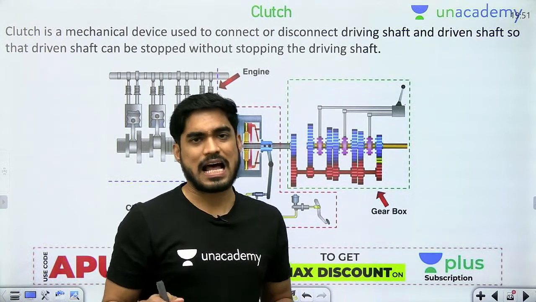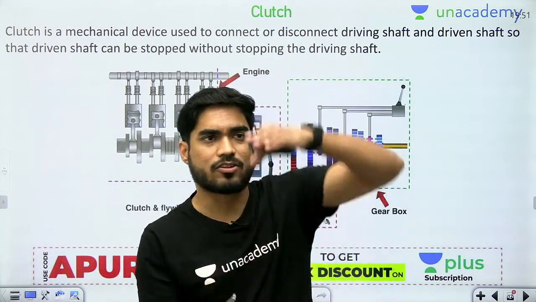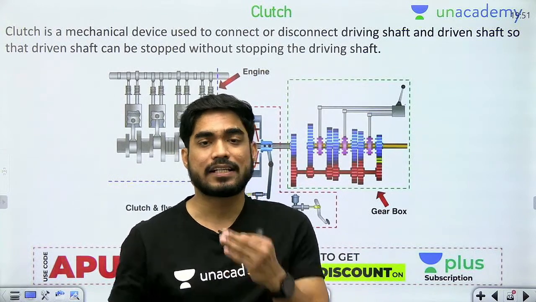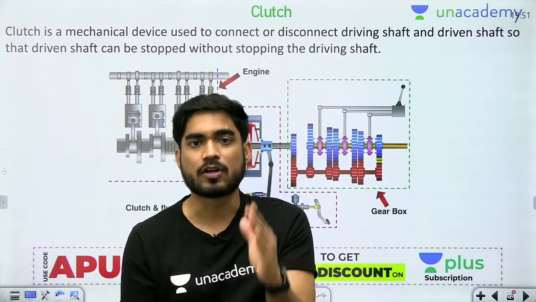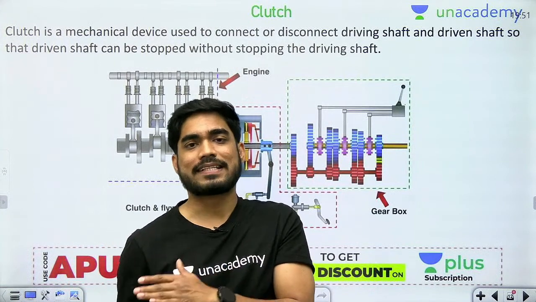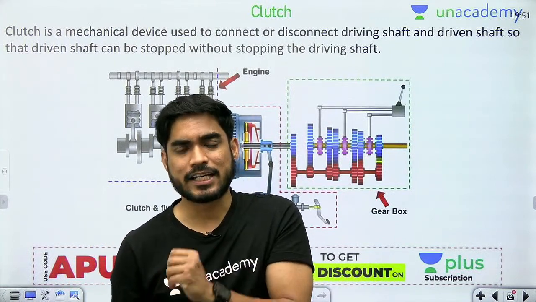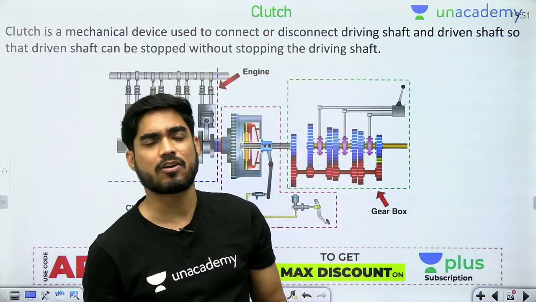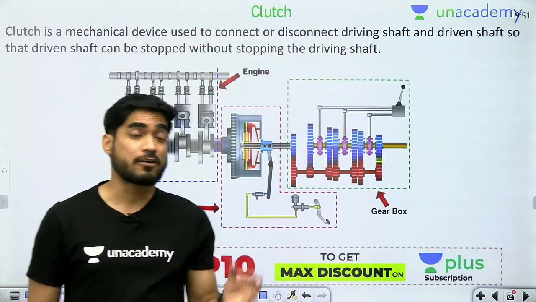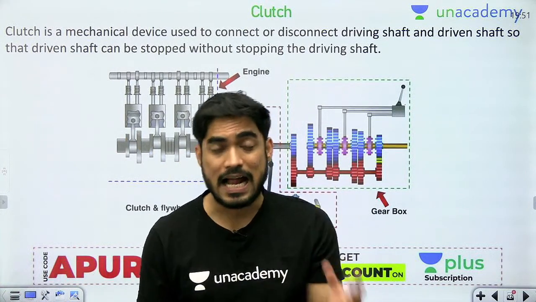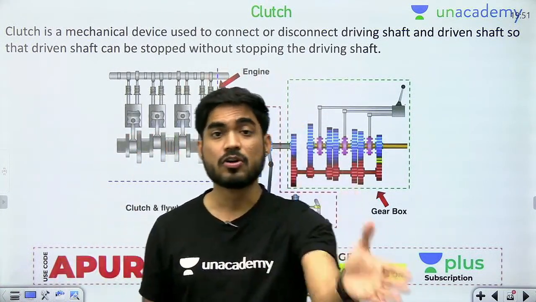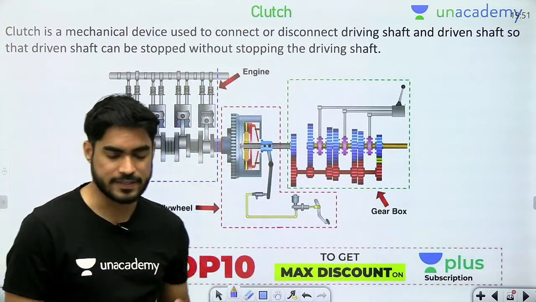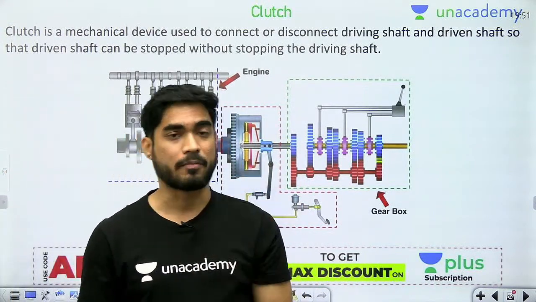If you want to increase the torque, you have to increase the size, so you wouldn't want the torque transfer capacity to be low. If the torque transfer capacity of a clutch is less, then you will have to increase the size, and sometimes there is a limitation of size. So that's why you want the maximum amount of torque transferred from driving shaft to driven shaft by means of clutch. A good clutch is a clutch which transfers the maximum amount of torque.